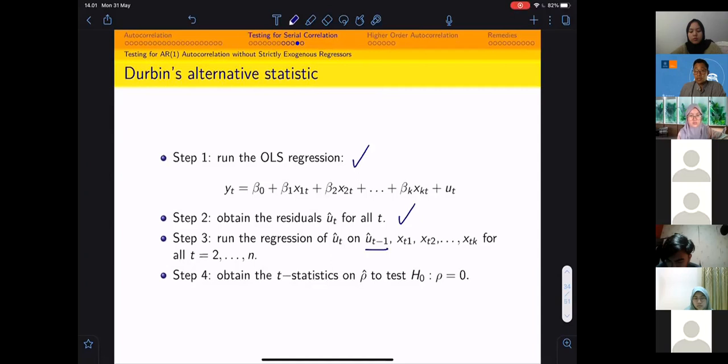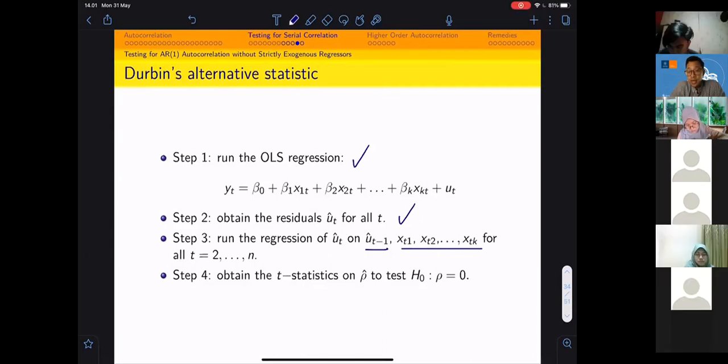But in this particular specification, you're also going to use the explanatory variables. Why do you want to include the explanatory variables in this particular specification?